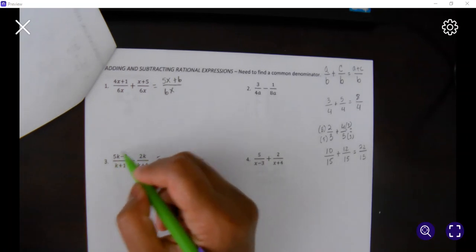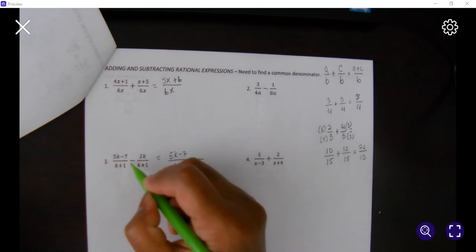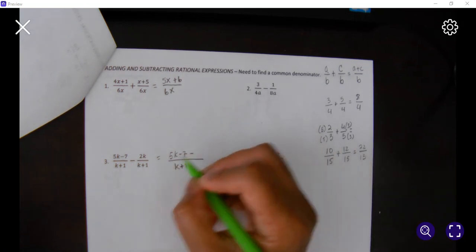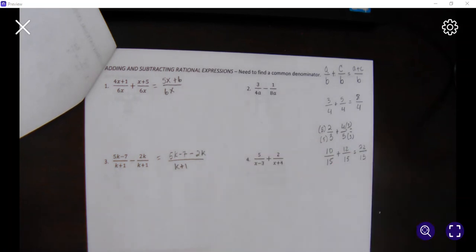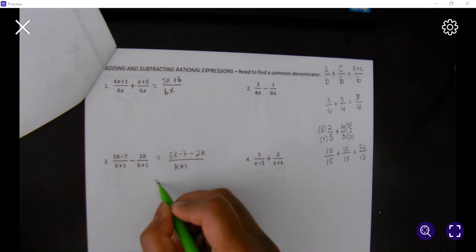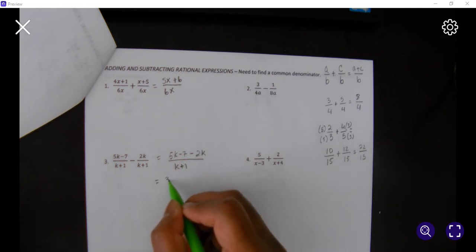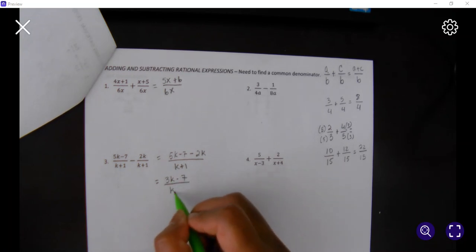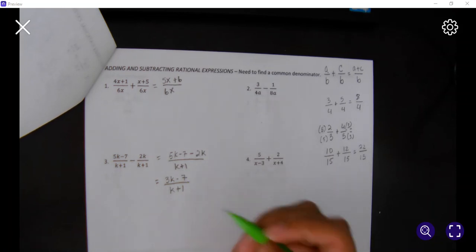I like to put the first one over, so 5k minus 7, bring over my minus sign, and then just bring this 2k over here. Now I can combine like terms. So you have 5k minus 2k, which is 3k, minus 7, all over k plus 1. And that is my final answer for that.